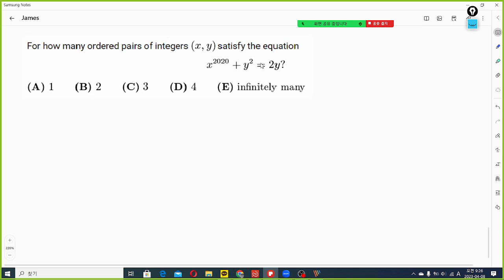So how many integer pairs satisfy this equation? That's the problem.